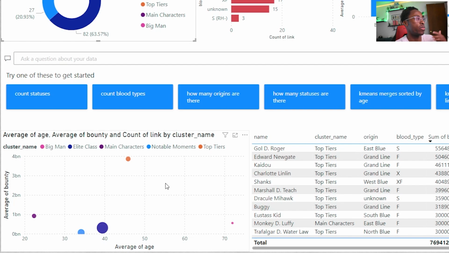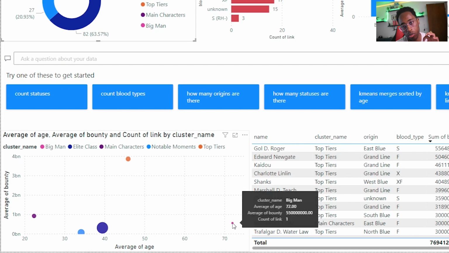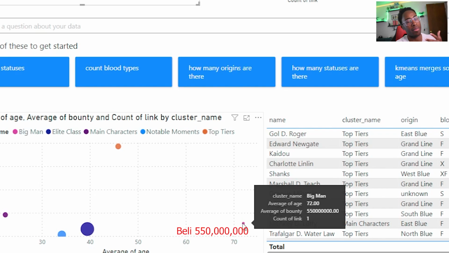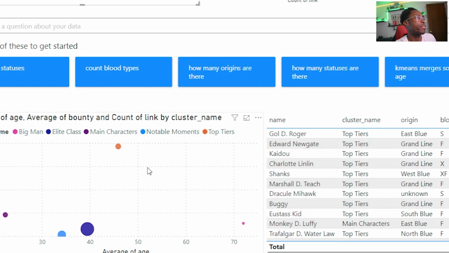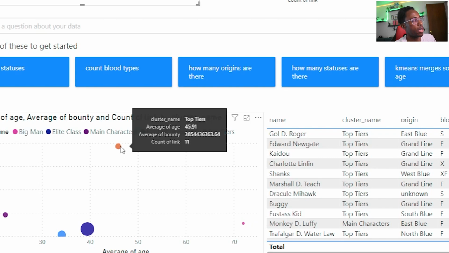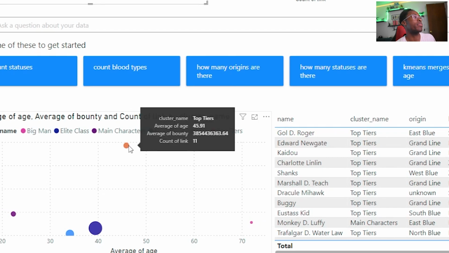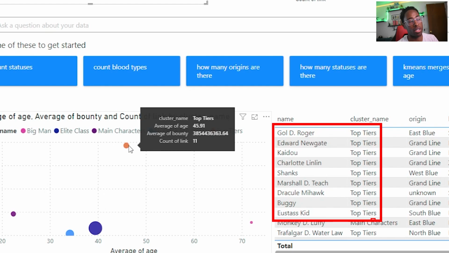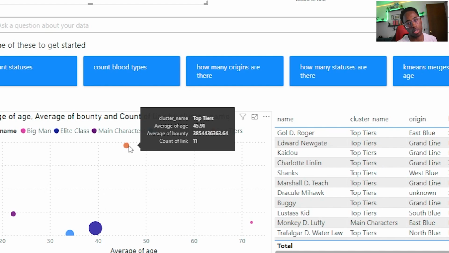So starting from the right, you can see we have the smallest one, Big Man, over here, being probably the oldest in terms of average age. We have the top tiers, this group clearly having the highest average bounty amongst the different characters, while having the second highest average age. So these are going to be older gen characters with high bounties.